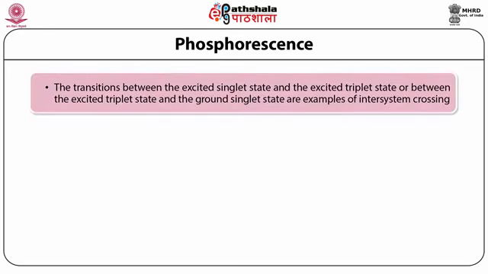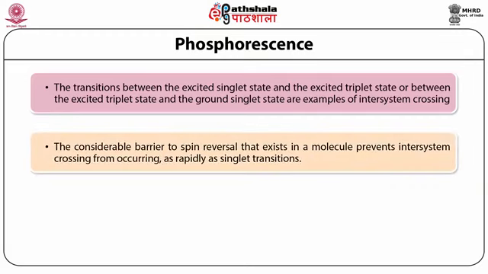The transitions between the excited singlet state and the excited triplet state, or between the triplet excited state and ground singlet state, are examples of inter-system crossing.